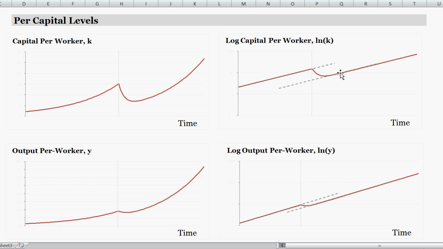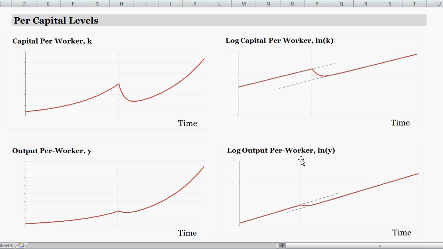And that would make sense, right? Because with a higher population growth, as new people are added to the workforce, those new people need to be given capital. So you need to be producing additional capital and additional resources for all those new people being added to the workforce in order to make them contribute as much as the existing workforce.